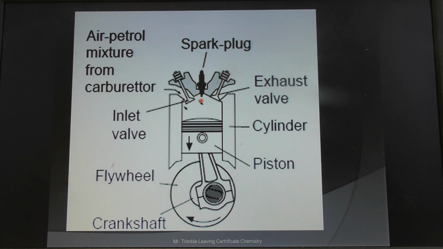So the ensuing explosion causes the piston to be forced downwards rapidly, turning this wheel once again, you see. And as it turns the wheel, you're talking about it turning the wheels of the car eventually outside. And as that explosion forces the piston down, this wheel will turn around.